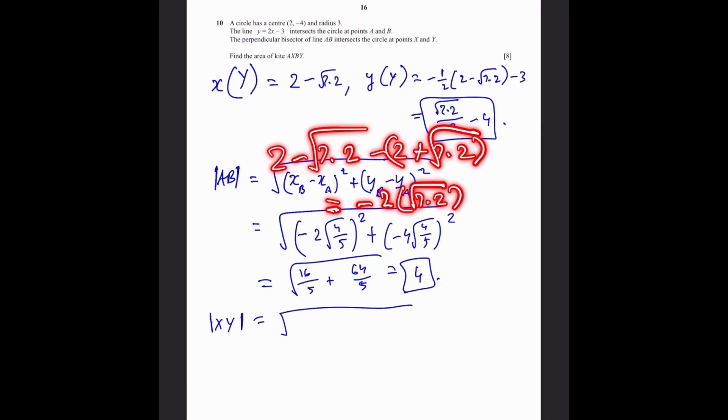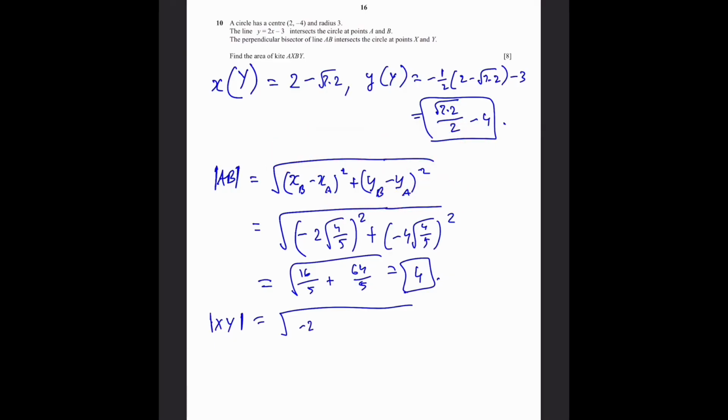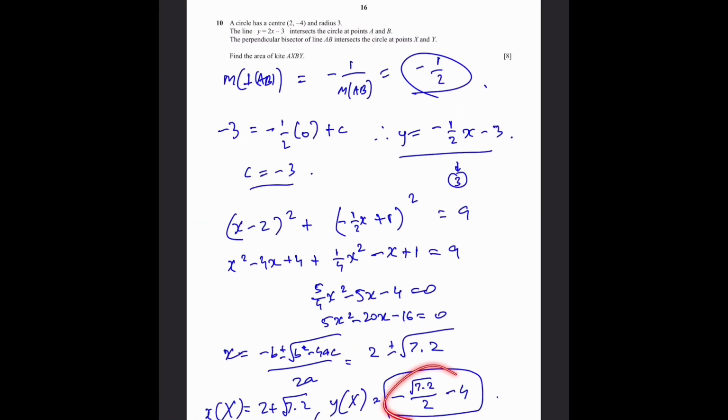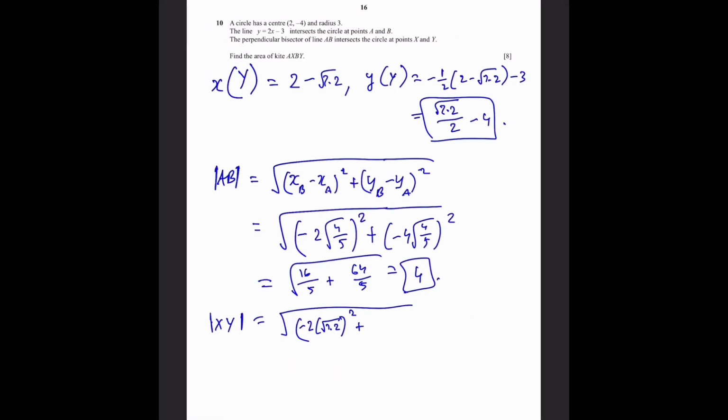So negative 2 times root 7.2, the whole squared, and then plus the y values difference. So y of Y minus y of X, that's just 2 root 7.2 by 2, the whole squared, so that is root 7.2 the whole squared. And that's just going to be root of 28.8 plus 7.2. That's the square root of 36, which is 6. We're getting another nice value here.